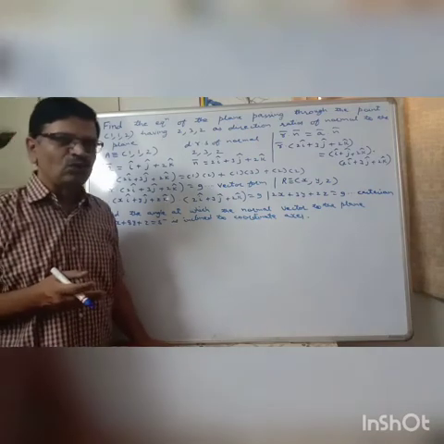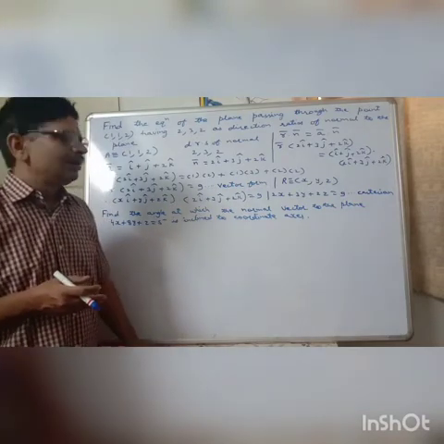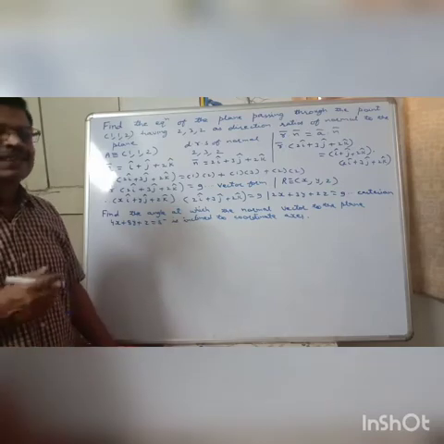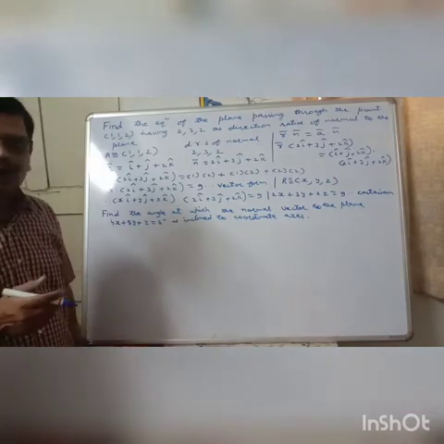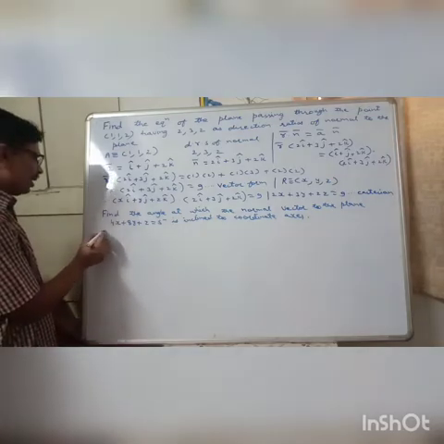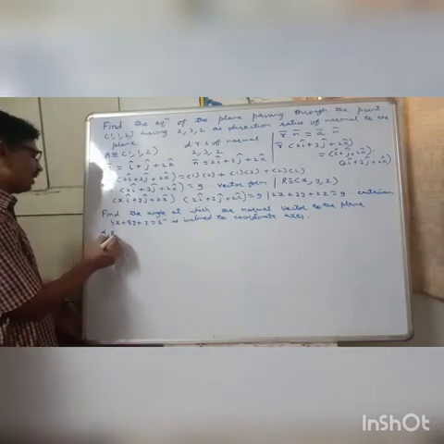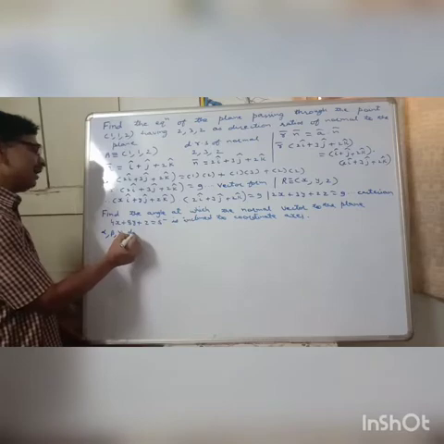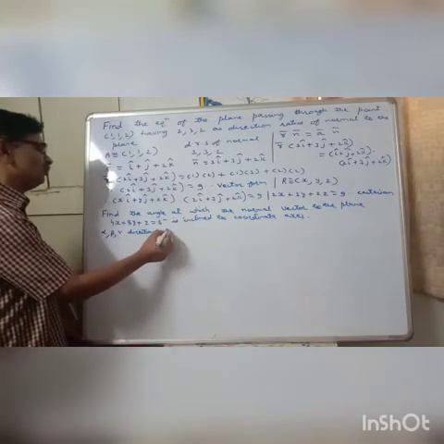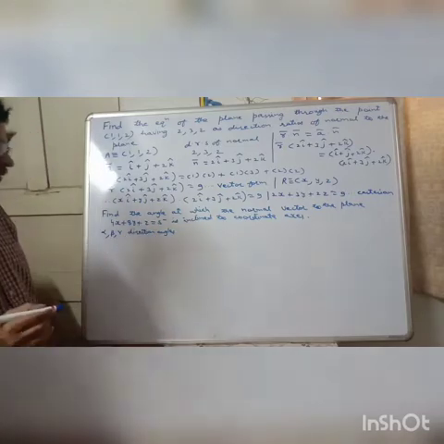Means we have to find values of alpha, beta, gamma, that is direction angles of normal. So if we consider alpha, beta, gamma as direction angles, then we have to find their values.